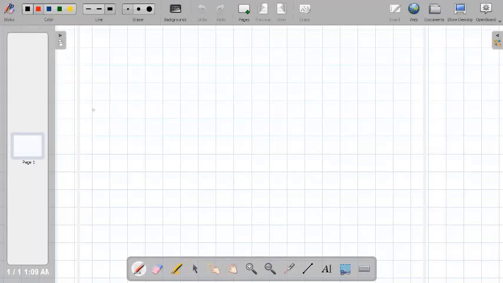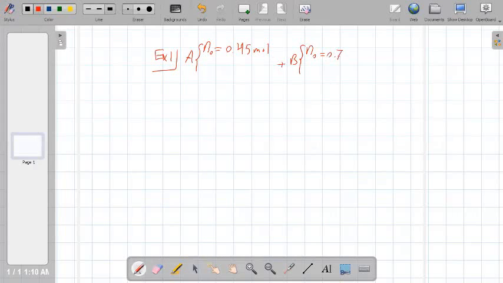Okay. Exercise 1. We have reactant A, N0 equal 0.45 mole, plus B, N0 equals 0.7 mole.